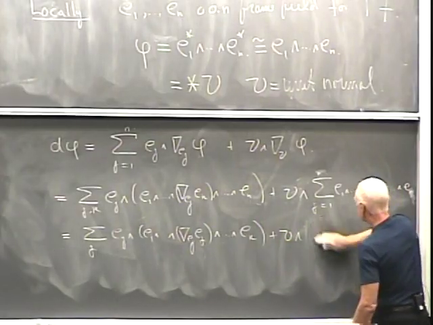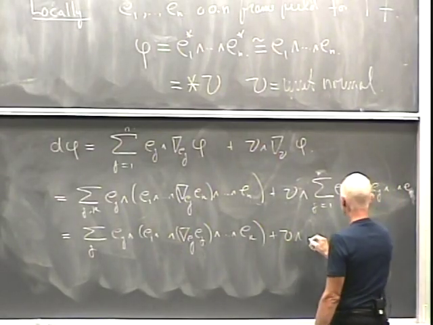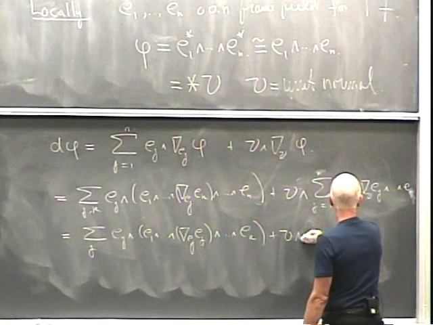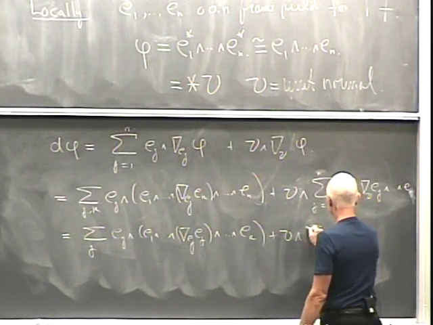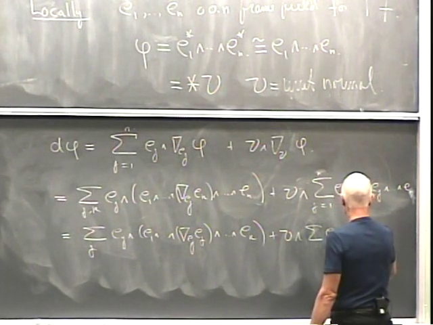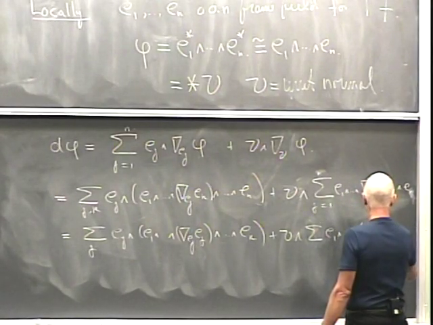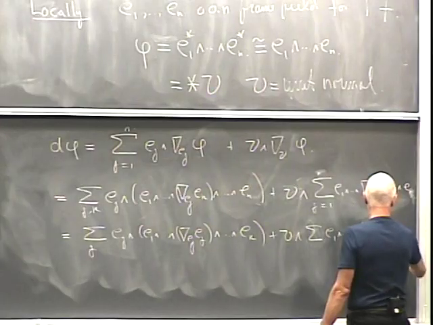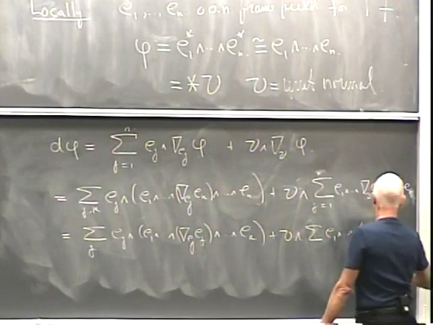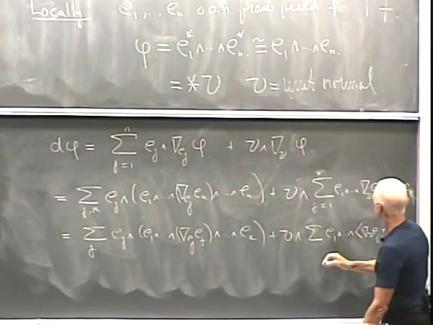So here we're simply left with a sum of E1 wedge, and here we get del nu Ej times Ej, and then on you go. You only get the jth term.